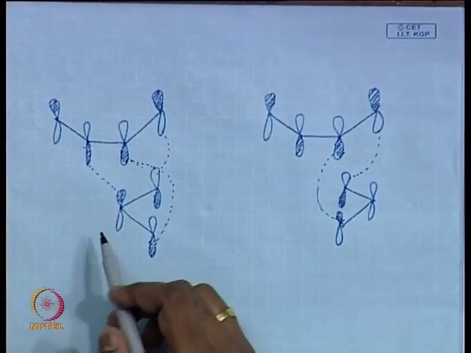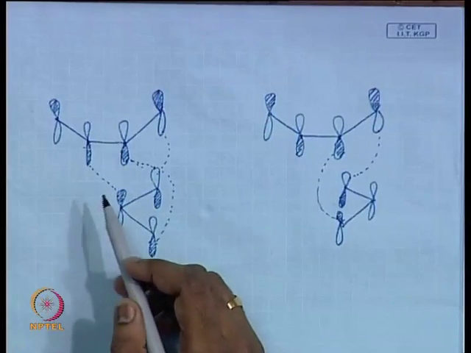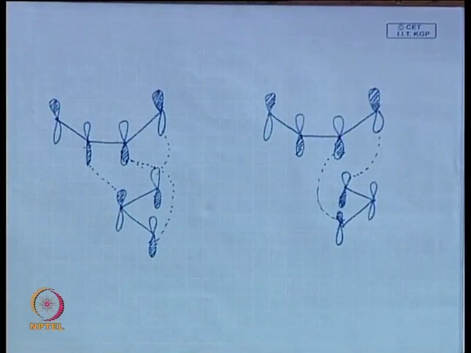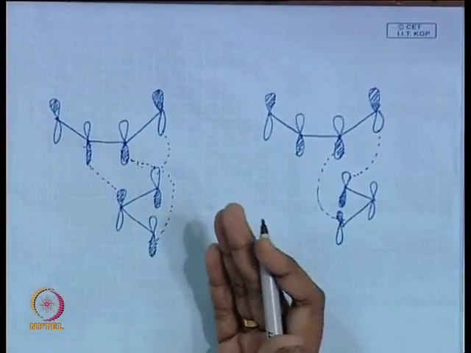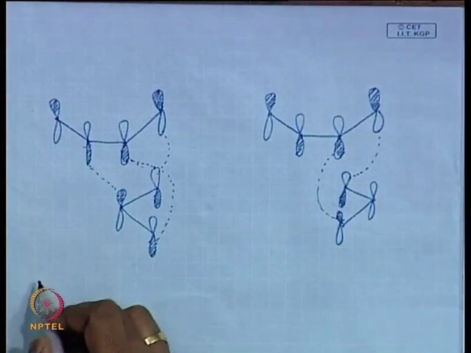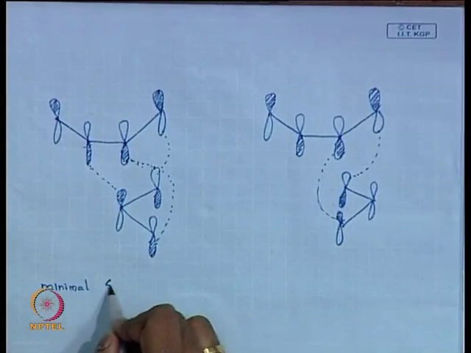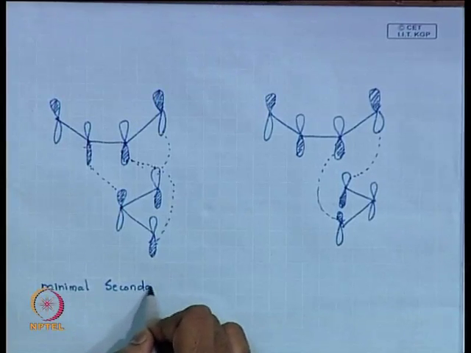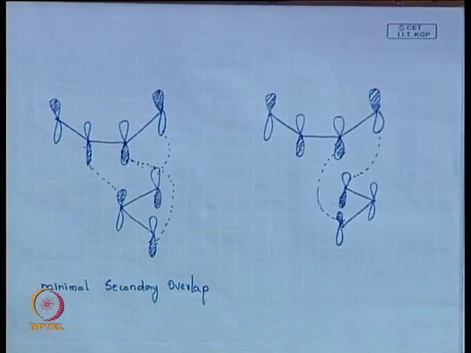Apart from that, in Diels-Alder reaction, if you think about the diene and dienophile, you can have very good secondary orbital interaction. In this case, if you see in the endo approach, this is the only interaction you can think about. So, you have a minimal secondary overlap. Fine.